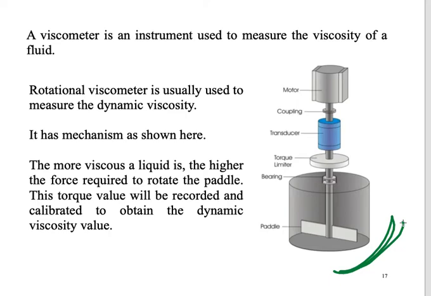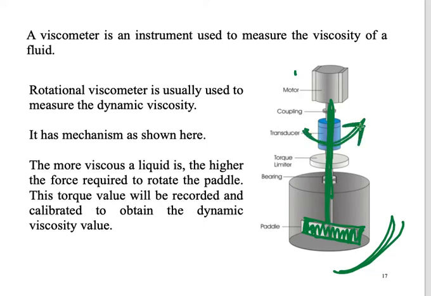So the idea is very simple. We have a shaft here, and this shaft is connected with a certain device, or in this picture we have a paddle here, and then we rotate the rotor with a certain force, with a certain torque.